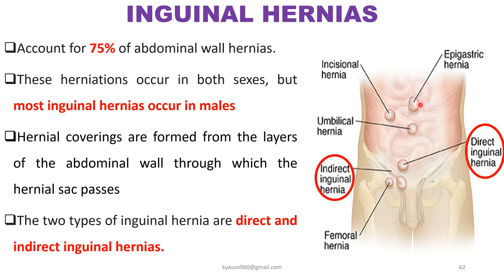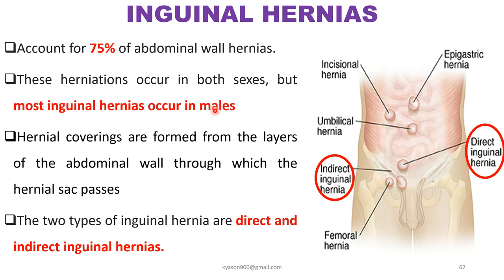There are epigastric hernias that occur in the epigastric area, umbilical hernias that occur through the umbilicus, and incisional hernias that occur in people who have had surgery, where a surgical incision was left. If it weakens, herniations can occur. So these are other types of abdominal hernias, but they're not so common. These inguinal hernias are the commonest ones. They contribute 75% of abdominal wall hernias.